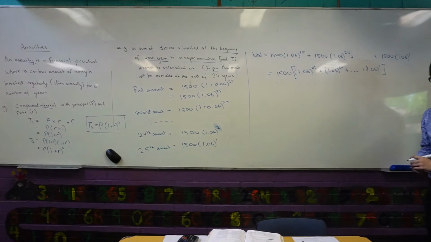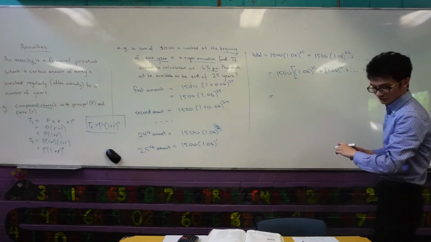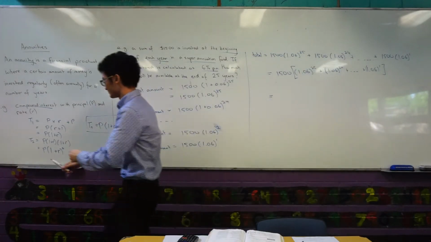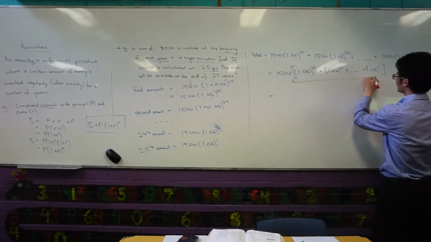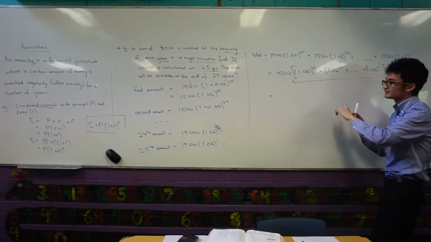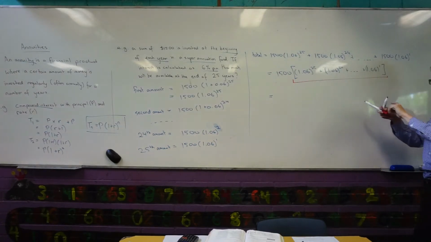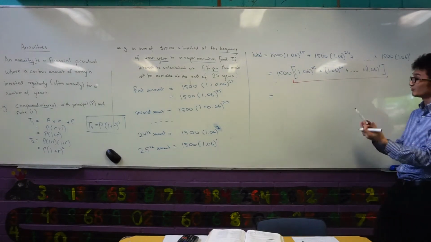Okay. This is starting to look a lot more like a series now, right? Let's just look at this part over here. I can start to see a series emerging. Think about what values you need in order to determine this sum, because we've learned the sum of a series.